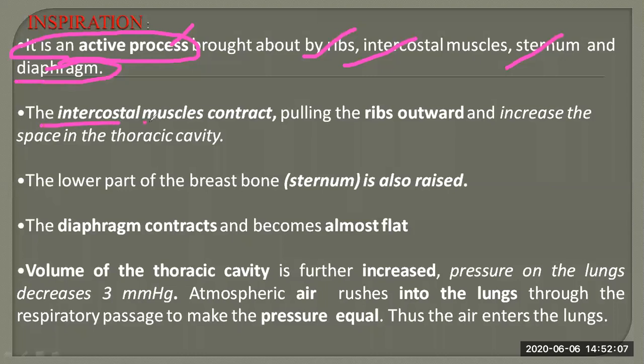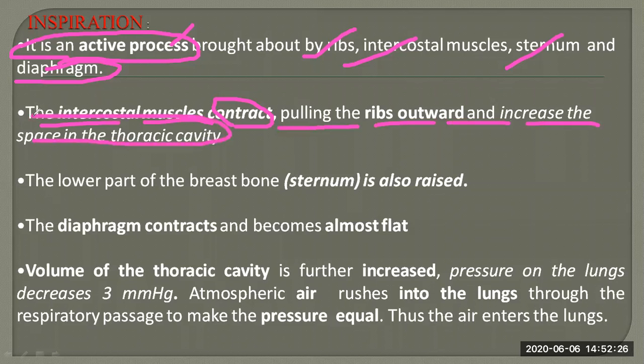Now the intercostal muscles contract. I had already told you intercostal means external intercostal muscles. External intercostal muscles contract, pulling the ribs outwards and increasing the space in the thoracic cavity.